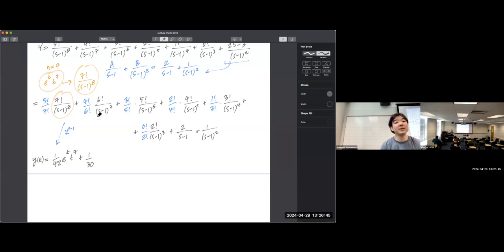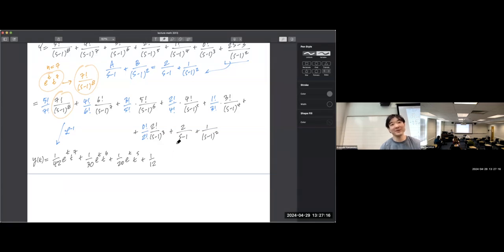Do you know what the inverse Laplace transform of 6 factorial over s minus 1 to the 7th is? e to the t times t to the 6th. Yes. Okay, 3 factorial over 5 factorial is just 1 over 20. What's the inverse Laplace transform of this one? This is going to have 3 times 4 on the bottom, so this is 1 over 12.